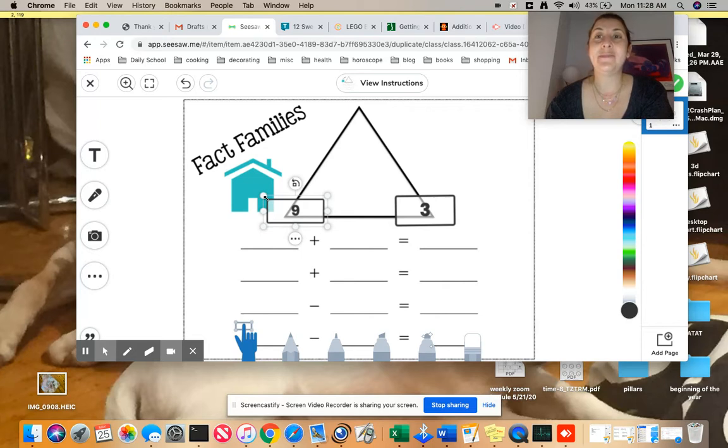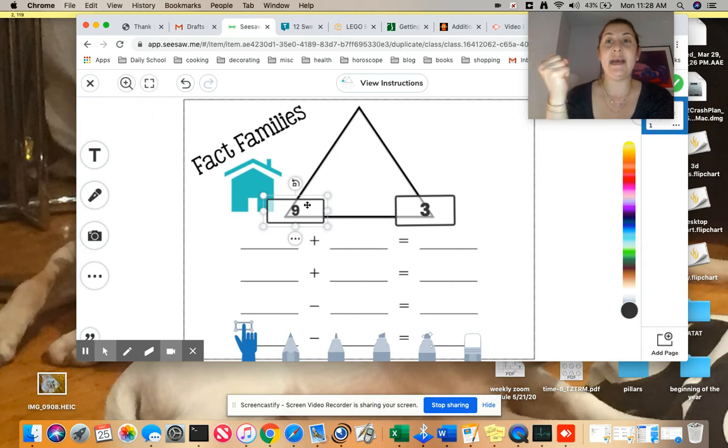So if I don't know what 9 plus 3 is, I'm going to start with my bigger number. I'm going to scoop up 9, and then I'm going to count on and add 3 more. So scoop up 9, 10, 11, 12. Okay, so I scooped up 9, I added 3, and I got 12. Now I have my total number.